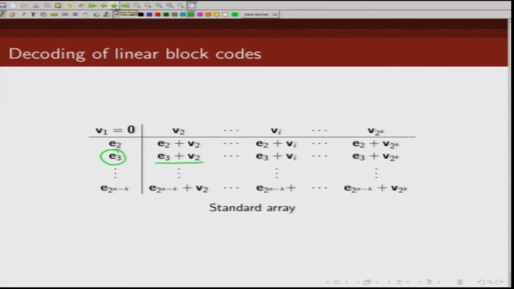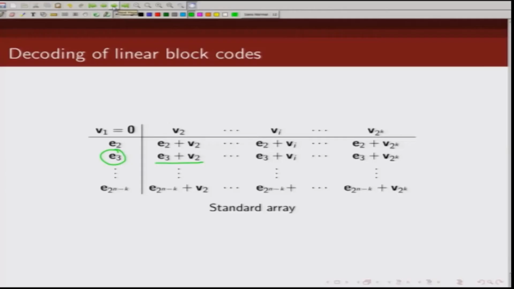Again I just recap how we are constructing the standard array. The first row of this array is set of code words V 1 to V 2 raised to power k, and the leftmost entry here is all 0 code word.